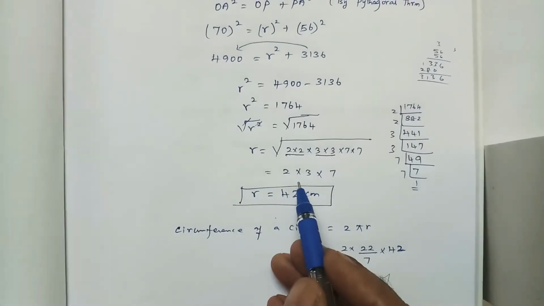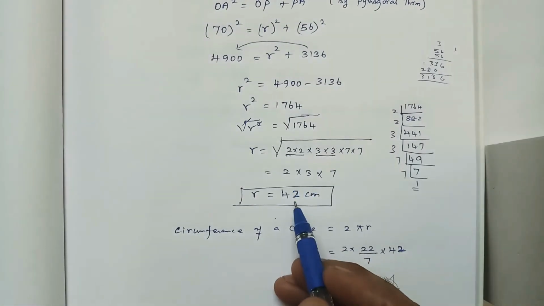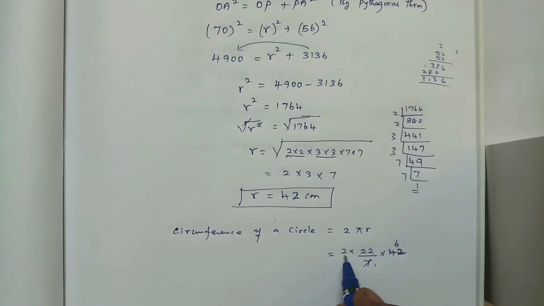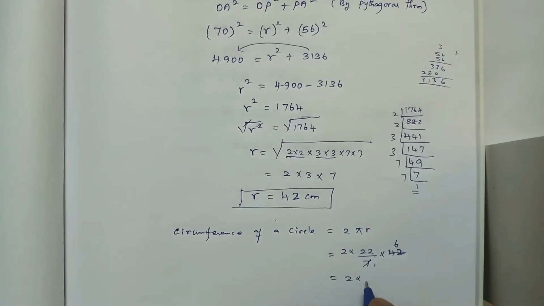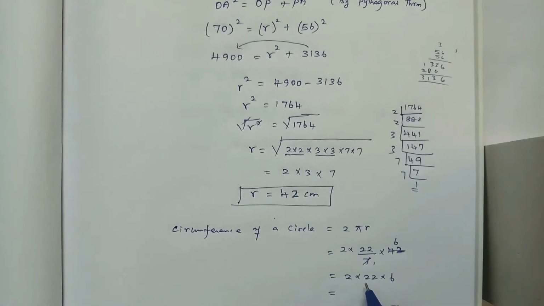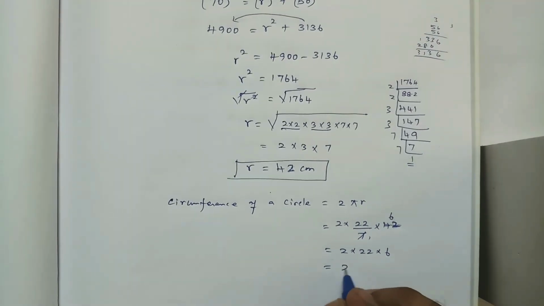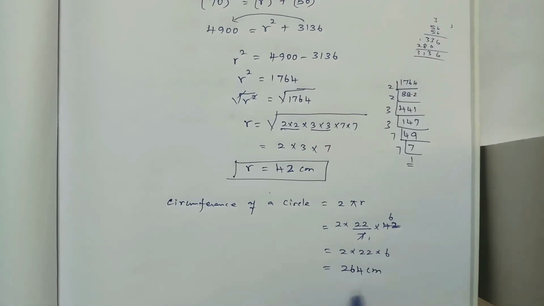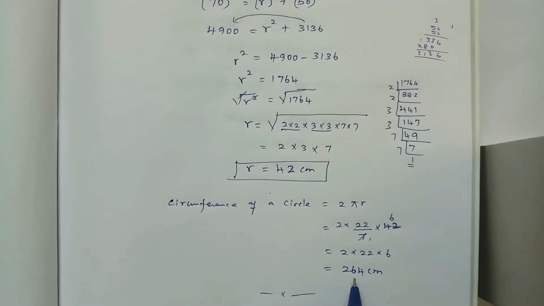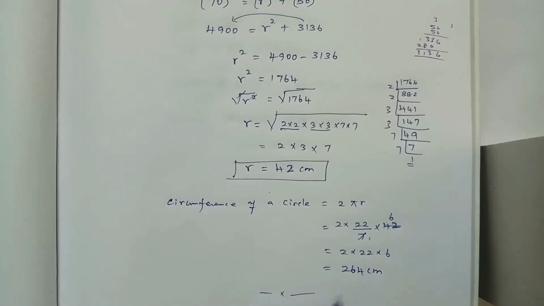Sorry, a small mistake: 6 sevens are 42, so the radius is 42 centimeter. So 2 into 22 into 6, 2 twenty-twos are 44, 44 into 6 is equal to 264 centimeter. Therefore, the circumference of the circle is 264 centimeter.